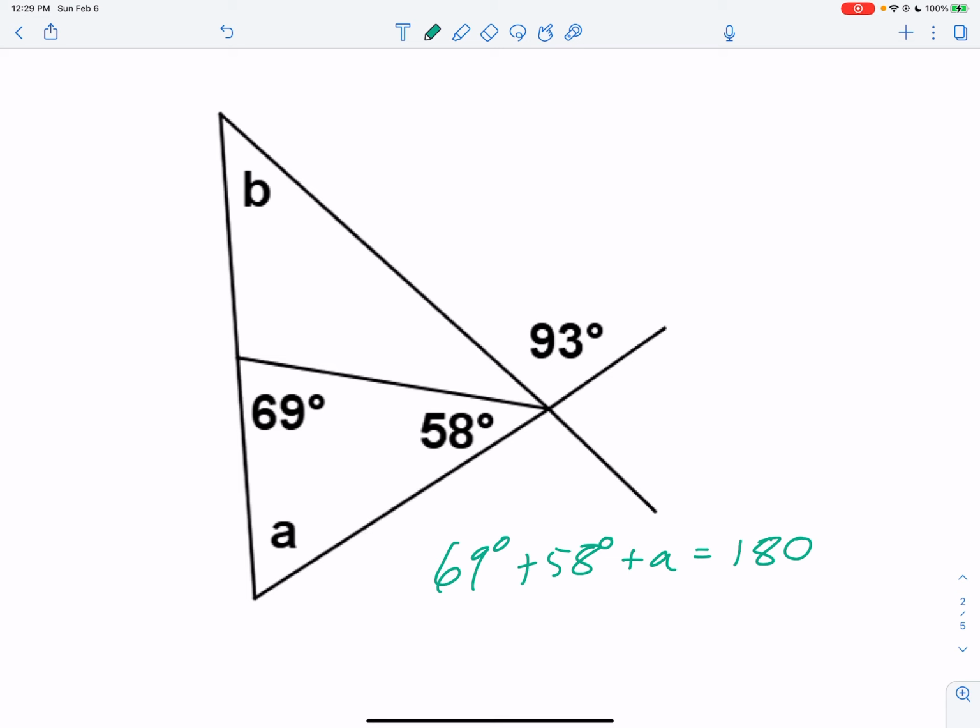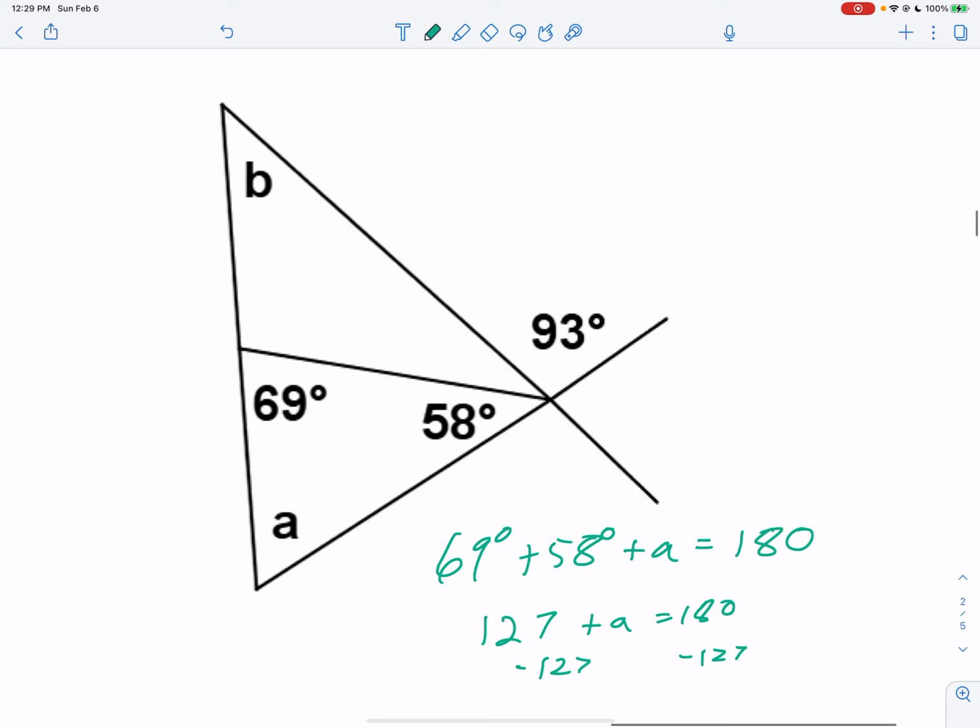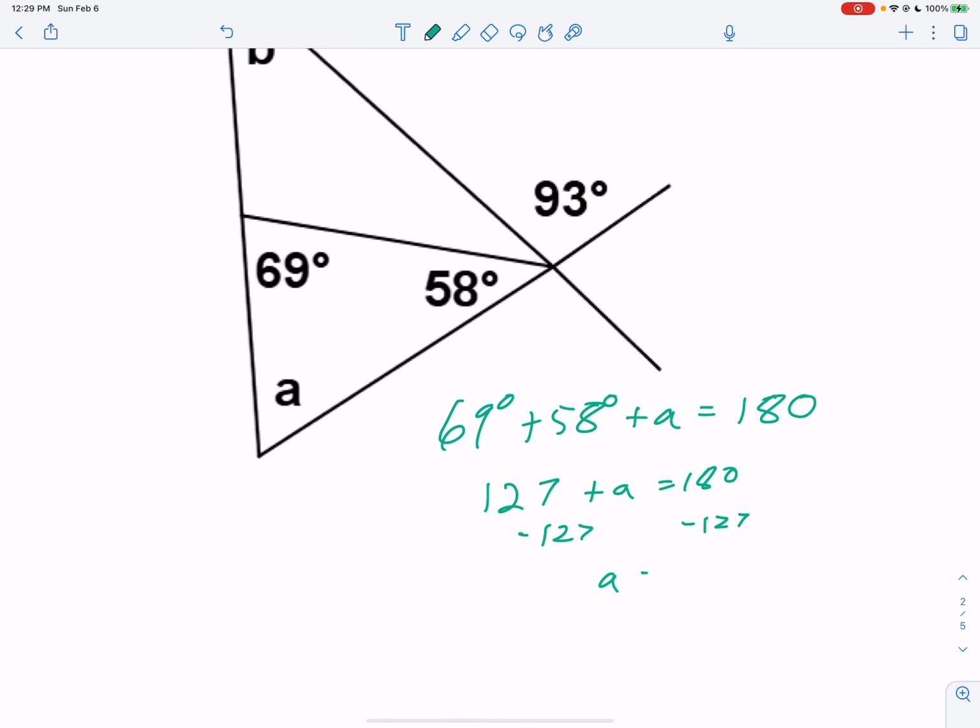So 69 plus 58 is 127, I believe. Then we subtract off that 127 using a little bit of algebra to get A equals 180 minus 127, which I believe is 43. I think it's 43 degrees.